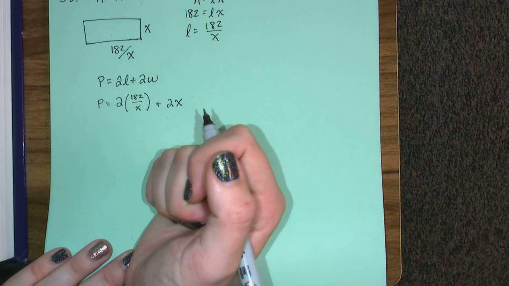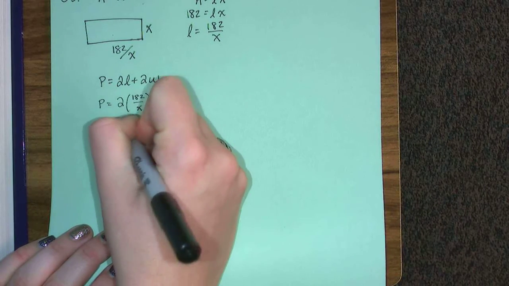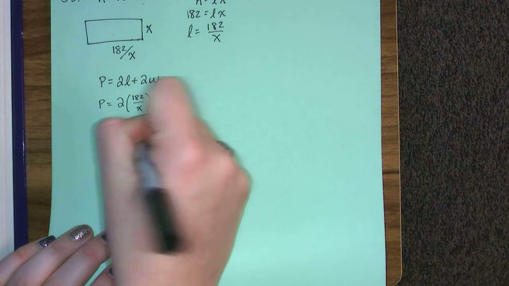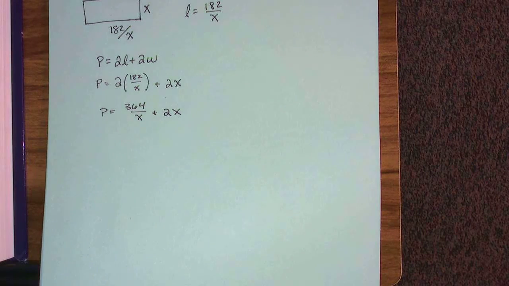I want to know what the actual perimeter is, so I need to simplify this.